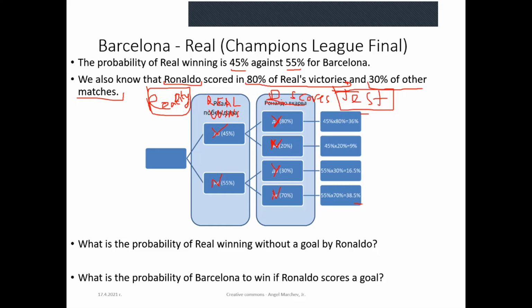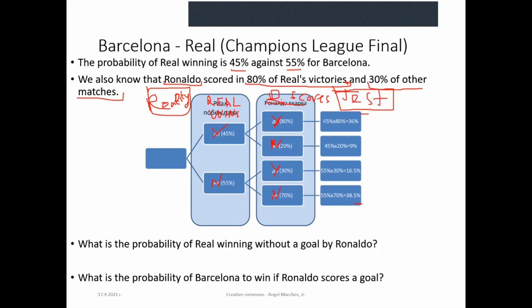Now we should move to answering the questions. So question number one. I would like to remind you, we have to construct the whole universe in the denominator, and in the numerator we have to put the value which comes from the desired outcome. So what is the probability of Real winning?